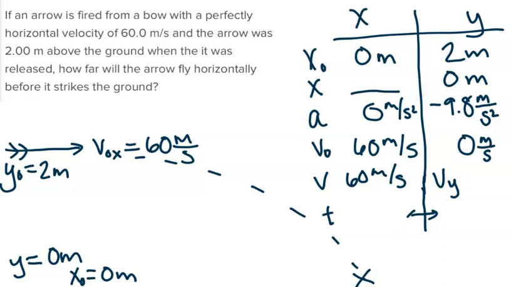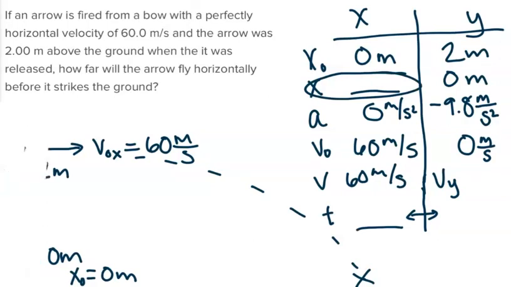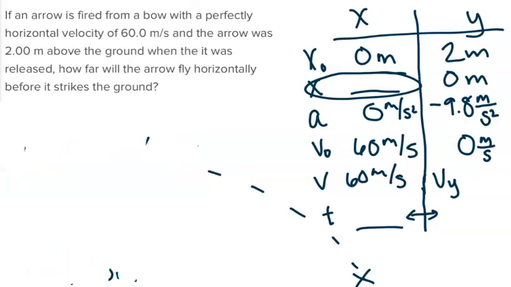So if we go through, we're trying to solve for x. When we look at all of our kinematic equations, we realize that we can't exactly find x without using time. So we need to find time, and we're going to be able to do that in the y direction because we do have enough information in the y direction. So I'm going to go ahead and get rid of our drawing now that we are set.